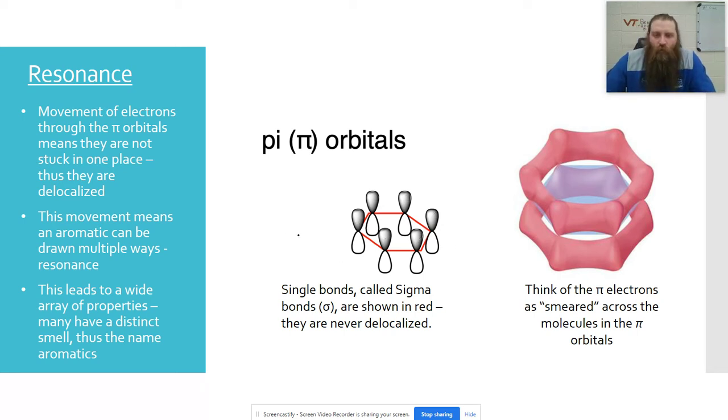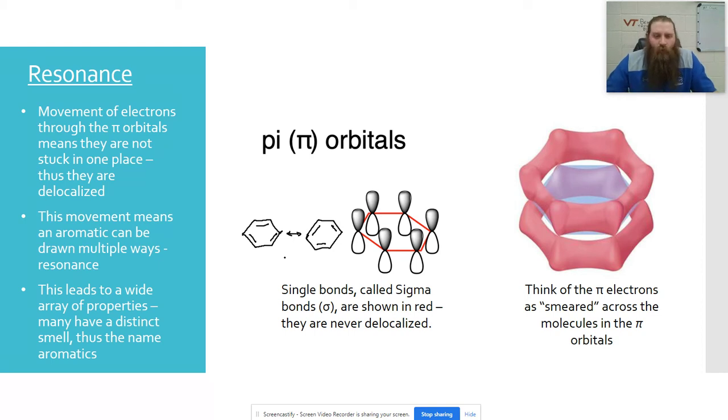Now the problem is we can either draw benzene like this with alternating double bonds, or we can draw it like that. And you can see here pretty easily that the double bonds have rotated, they've moved.